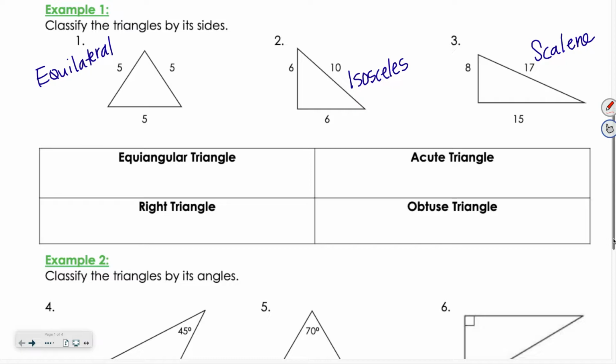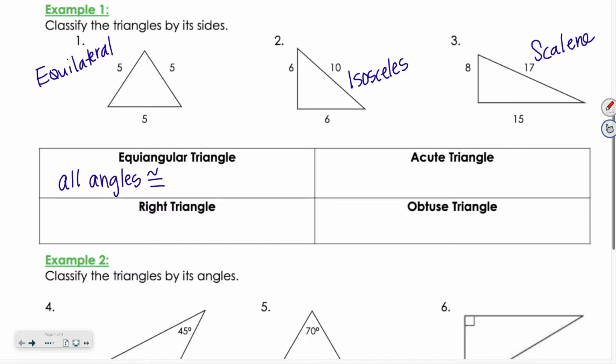All right, for classifying by angles, I feel like you've done right, acute, and obtuse, but I'm not sure if you've done equiangular. So an equiangular triangle is a triangle with all angles congruent. So the same thing as equilateral?